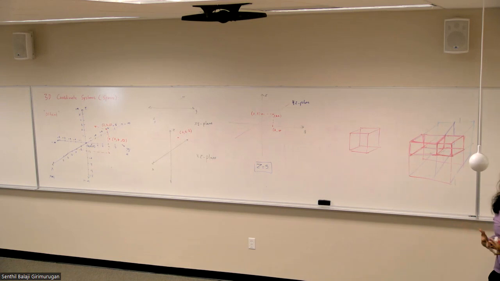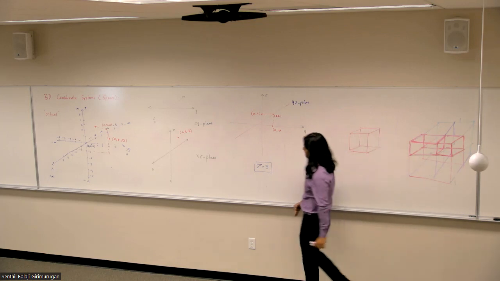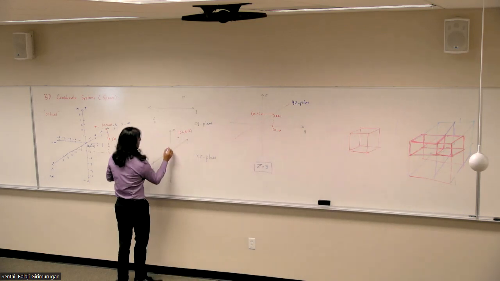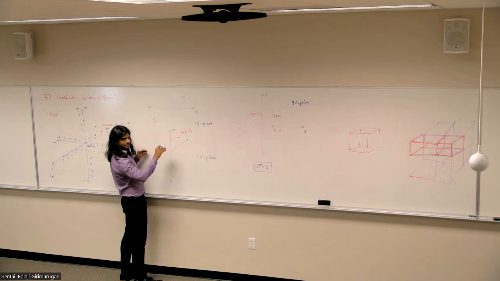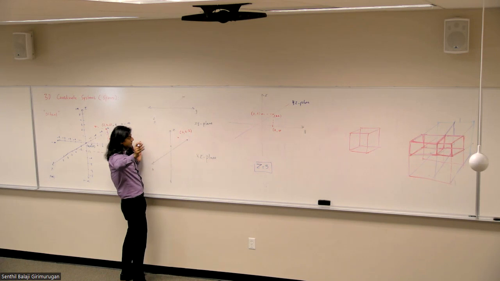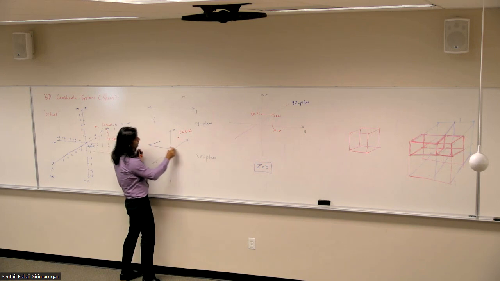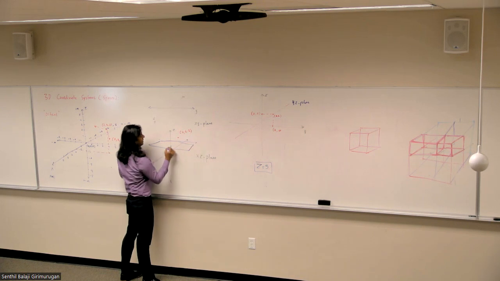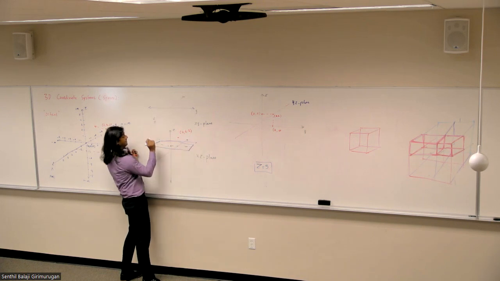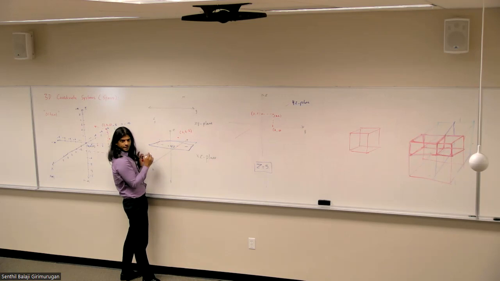So what am I referring to? Am I referring to a line or am I referring to a plane? A plane. So I am fixing Z at 5, but I'm going to let X and Y wander. So X is over here, Y is over there. Wandering, oops. But Z is equal to 5. Yes?